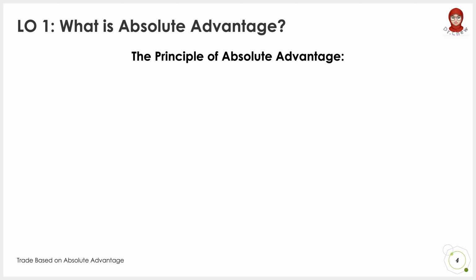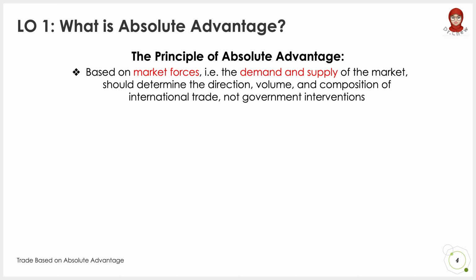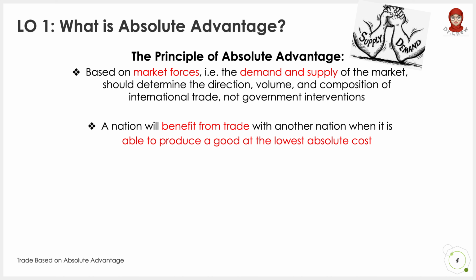Therefore, the absolute advantage model is built on several principles. First, it is based on market forces, which is demand and supply without any intervention from the government. Simply said, it is based on the free trade idea. Second, benefit from trade between countries or nations only happens when countries are able to produce goods at the lowest absolute cost in comparison to other countries.